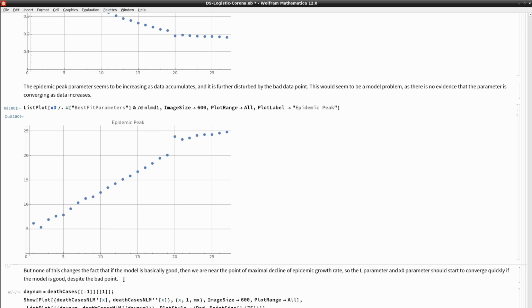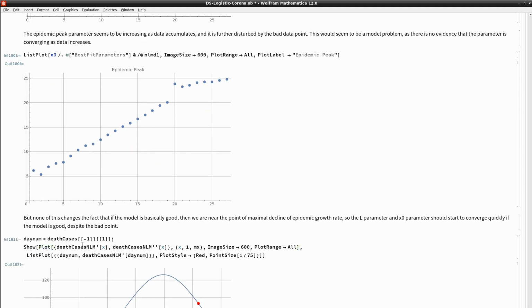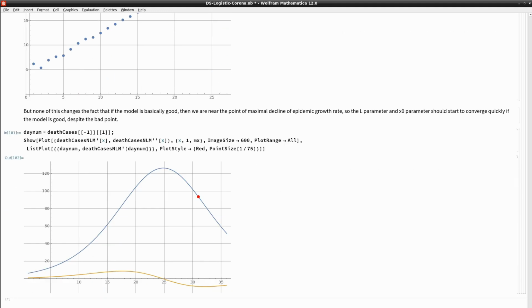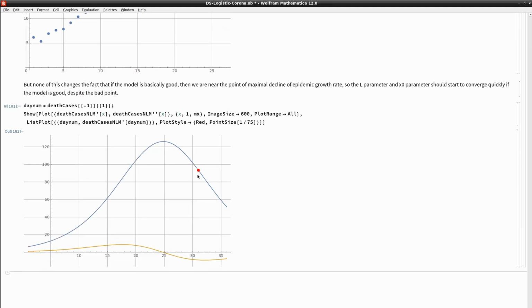But still, none of this changes the fact that the model is basically good. We are near the point of maximum decline of epidemic growth. So the L parameter and X0 parameter should still start to converge quickly if the model is good despite this bad data point. Again, we see we are having a red point here, the last data point that is at the minimum of the first derivative.